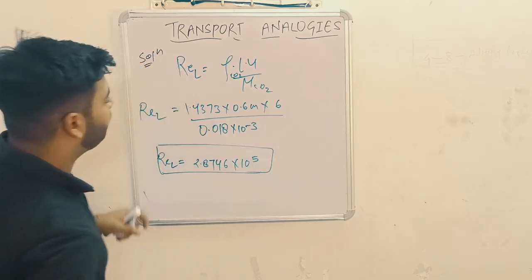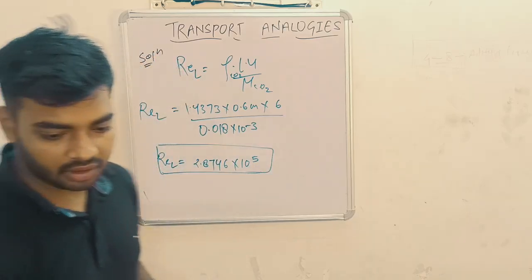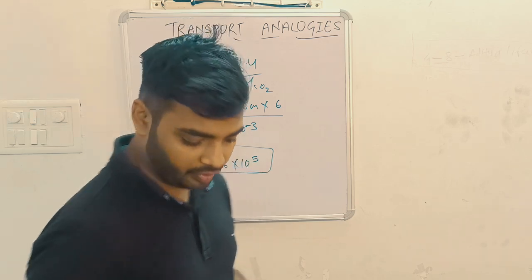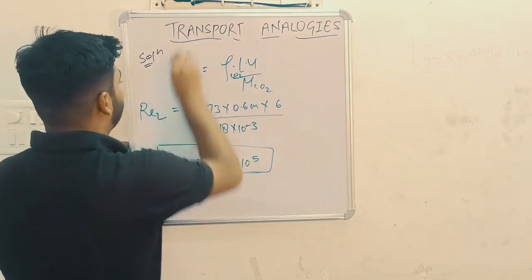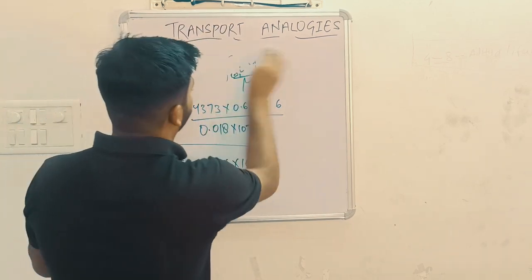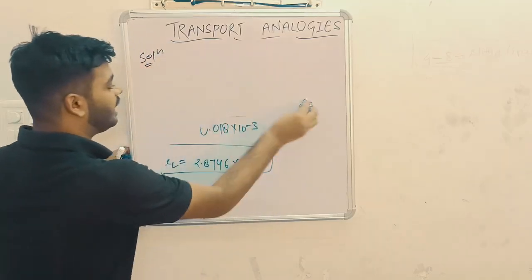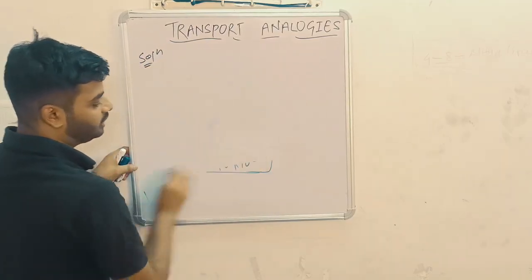So finally we have all the values to calculate JD. So moving further, we will calculate JD using the expression derived in the first part of the question.